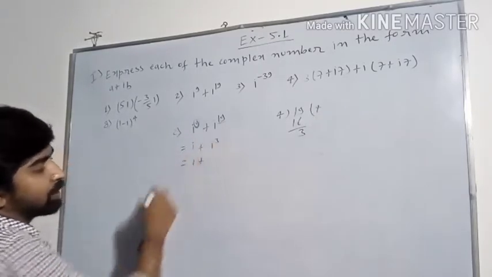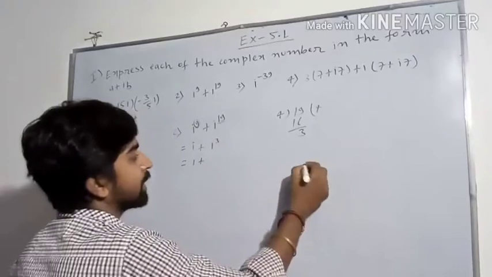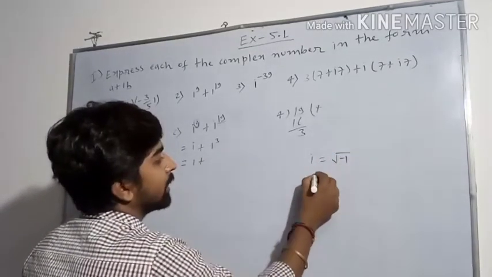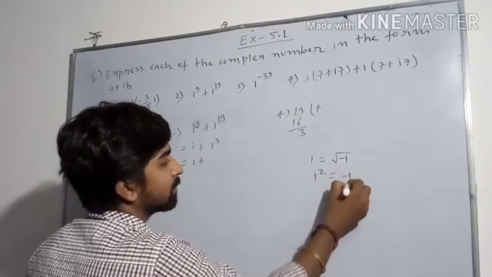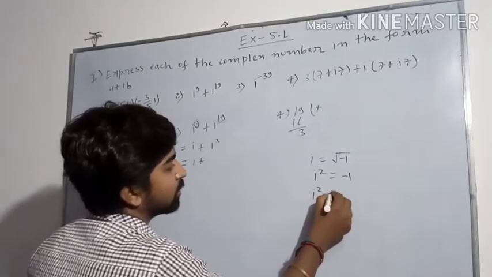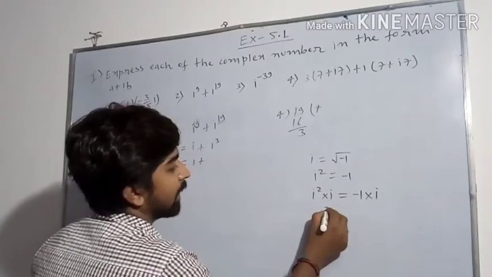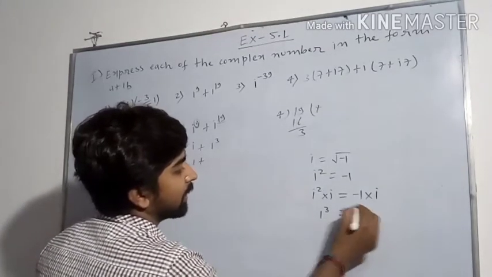i plus i cube. Value of i cube. Students, we know i equals under root minus 1, i square equals minus 1, and i square into i equals minus 1 into i. This is i cube equals minus i.